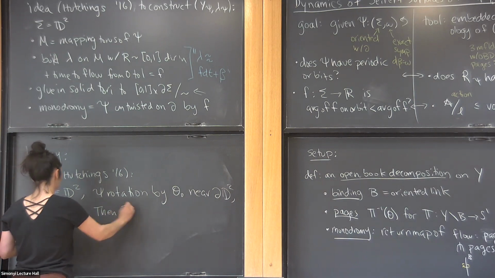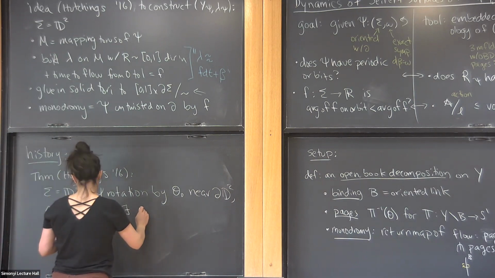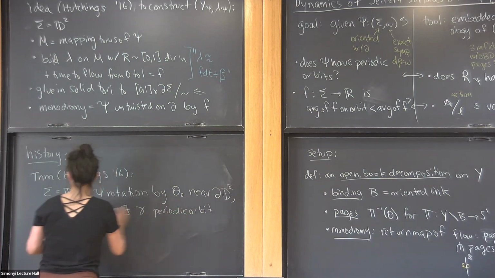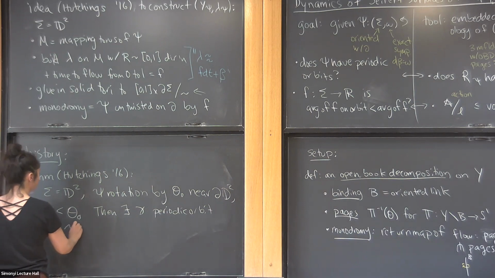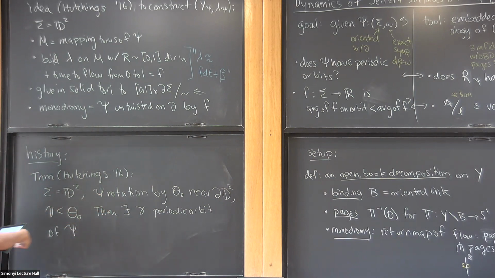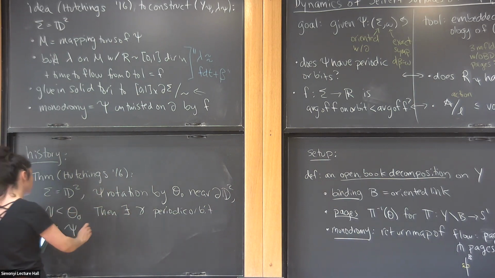Then there exists gamma, which is a periodic orbit of psi. So some finite set of points that psi takes one to the next.